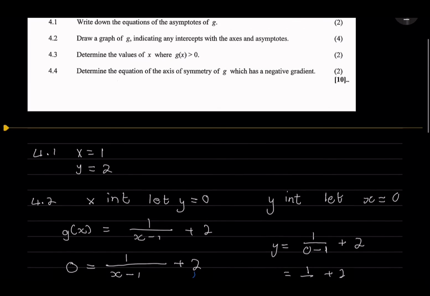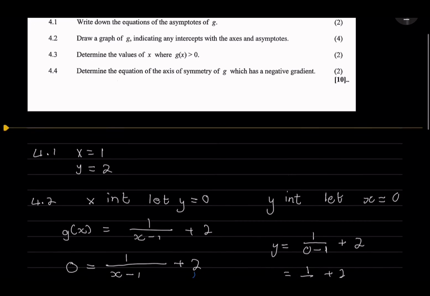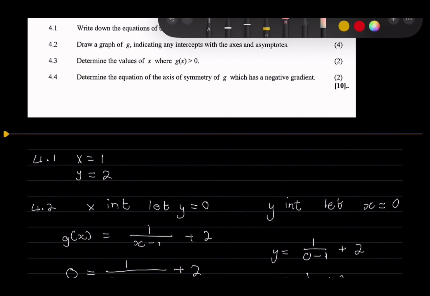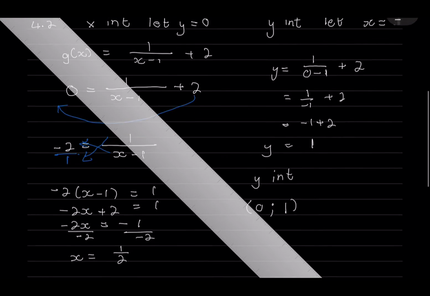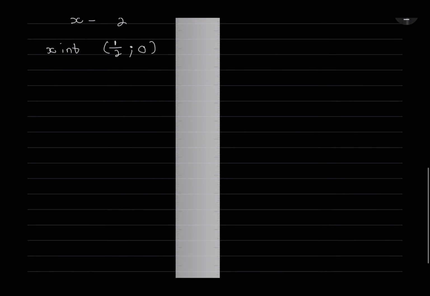Remember, the question said any intercepts with the axes and asymptotes, and we have written down our asymptotes. So now let's draw our graph. Our graph in this case will look like this, drawing our Cartesian plane.